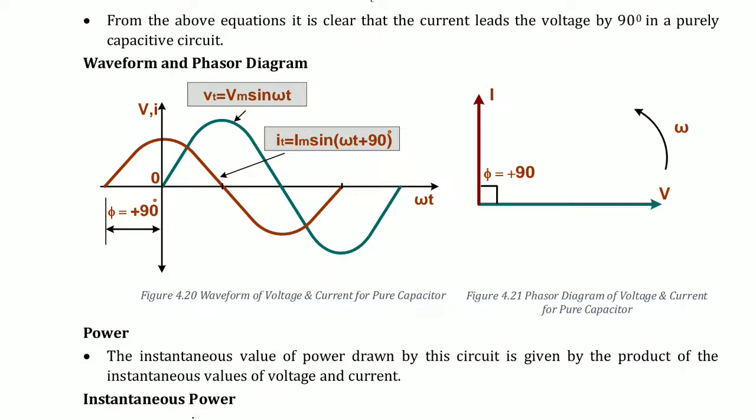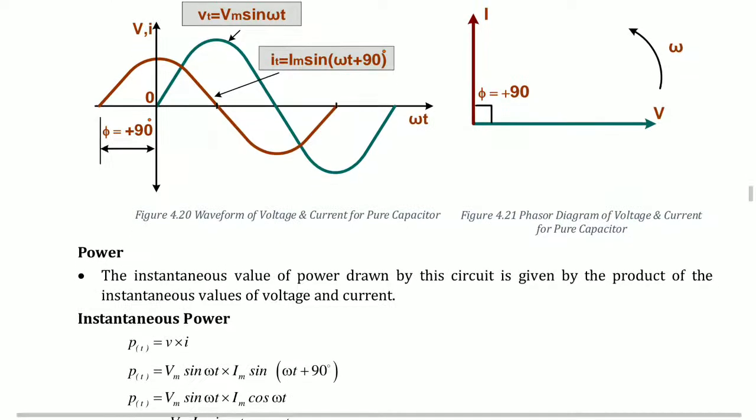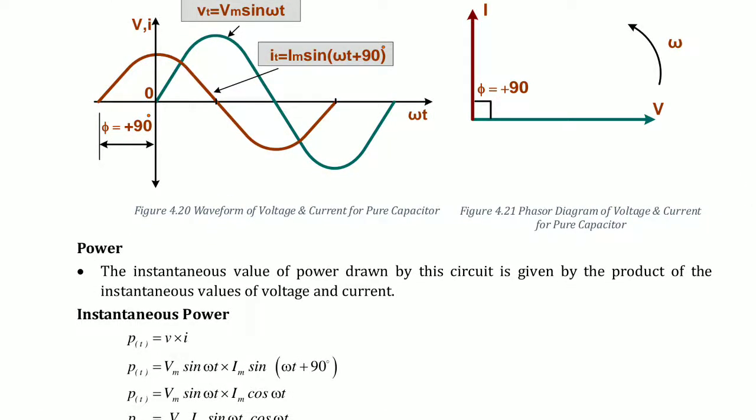So now go for power. The instantaneous value of power drawn by the circuit is given by the product of the instantaneous value of voltage and the instantaneous value of current.